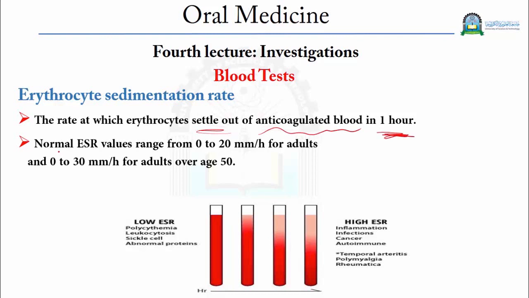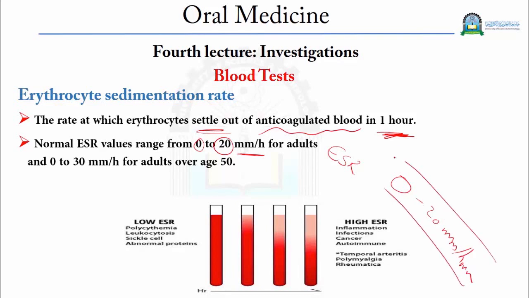The normal erythrocyte sedimentation rate values range from 0 to 20 millimeters per hour. So this is the rate at which the RBCs settle out of the anticoagulated blood.